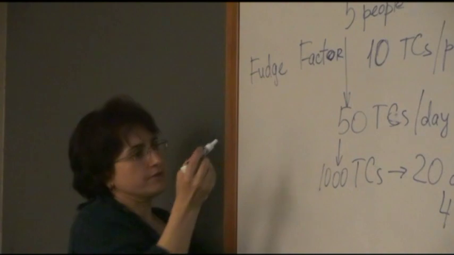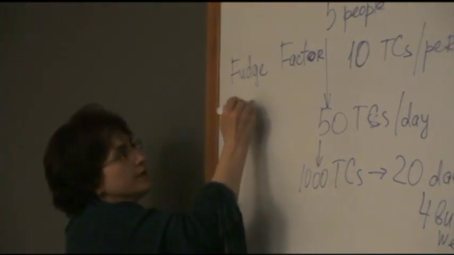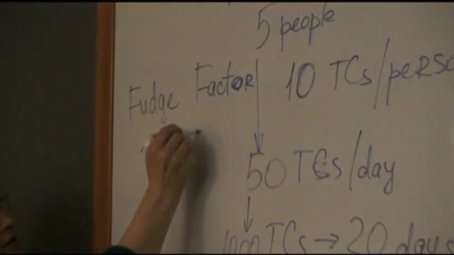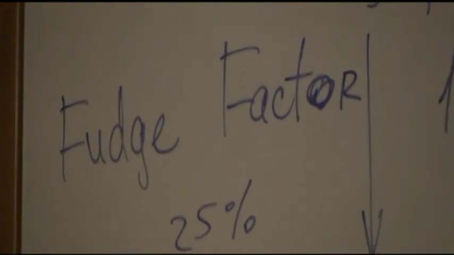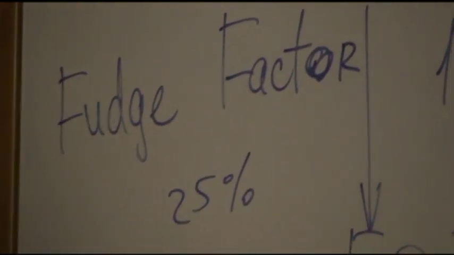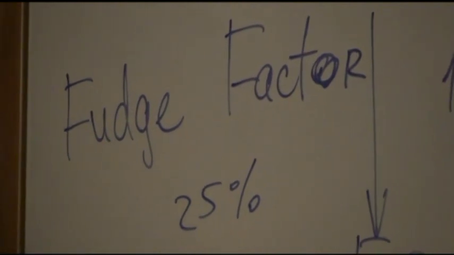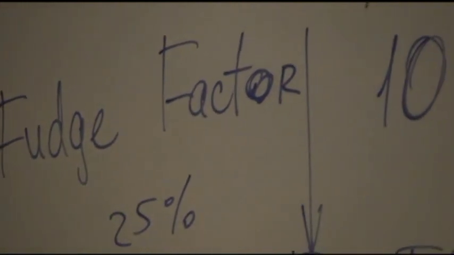So this fudge factor is about 20 to 25% of the time. Let's say 25 for simplicity. So 25% of 20 days is how many days? 5, right?